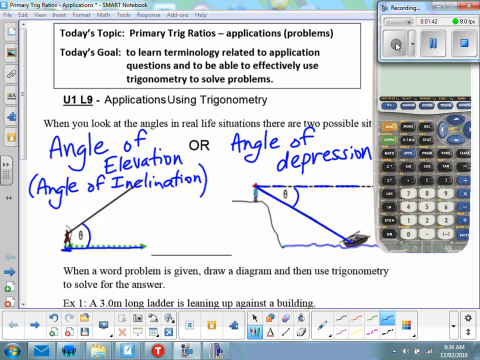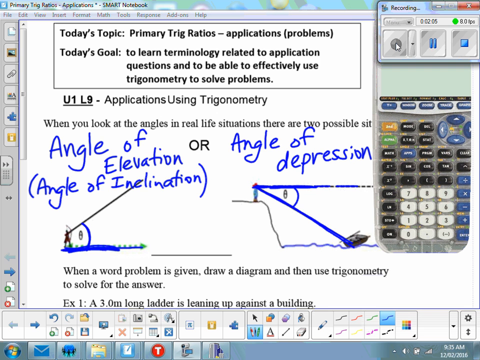Okay, so depression, going down. In both cases, the diagonal line makes an angle with the horizontal line. So in this case, this diagonal line is making an angle with that horizontal line right where it starts.